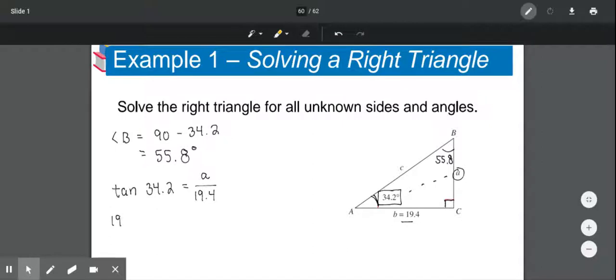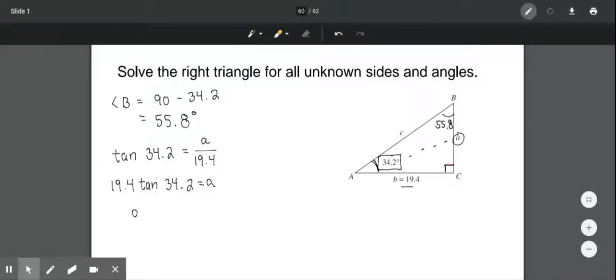If I multiply by 19.4 times the tangent of 34.2, and again, remember that because 34.2 was in degrees, your calculator mode also needs to be in degrees.